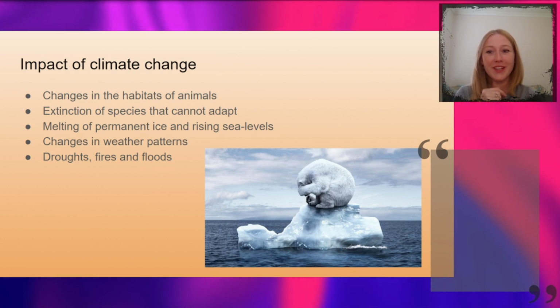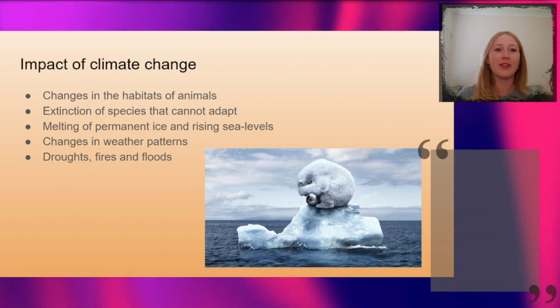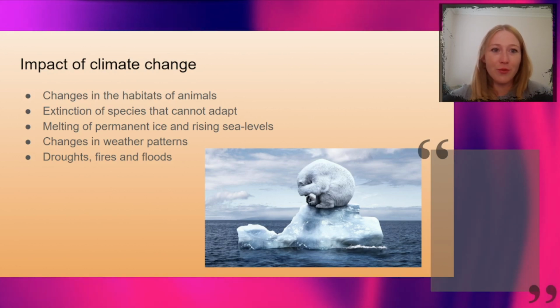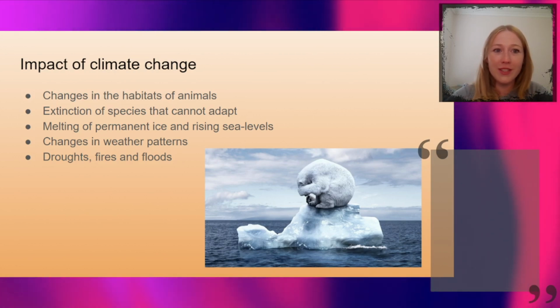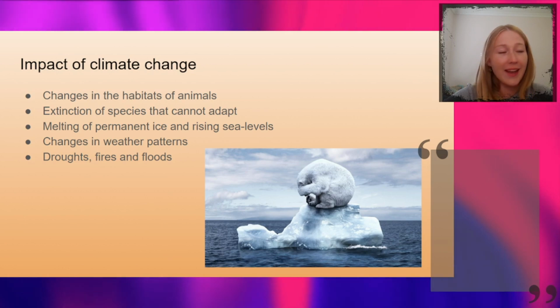We can argue and say, oh, just move inland. But in some cases, if we're looking at islands, there is nowhere else to go. There is no other inland to move to.